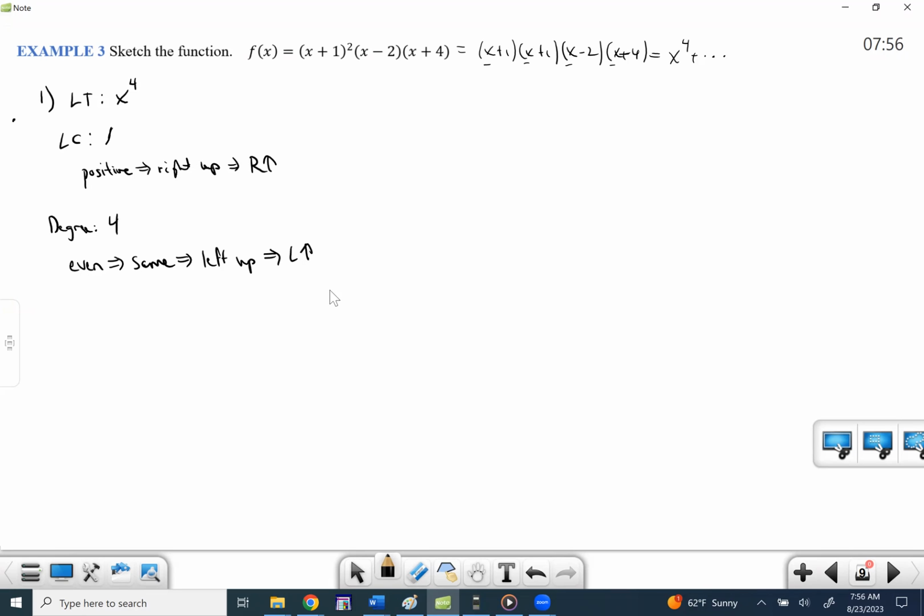All right, so now let's go in and get, for number 2, the y-intercepts. So remember, for y-intercepts, you let x be 0. So we're going to substitute a 0 in for the x's in the original problem. So let's find f of 0.